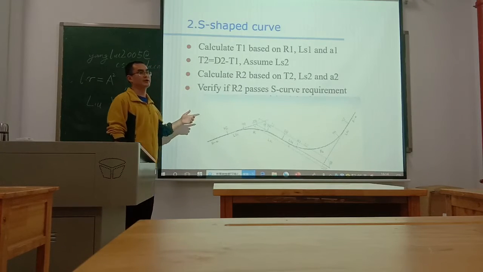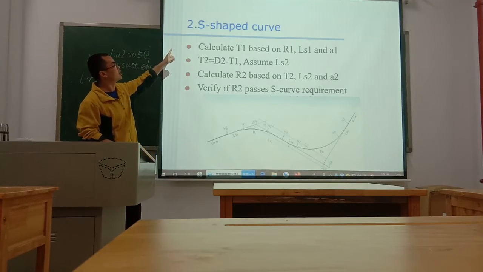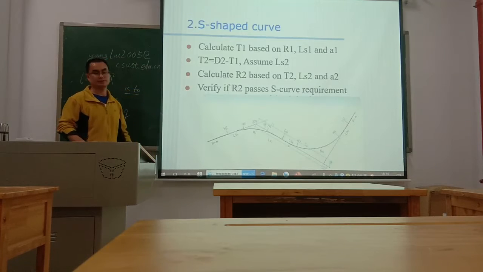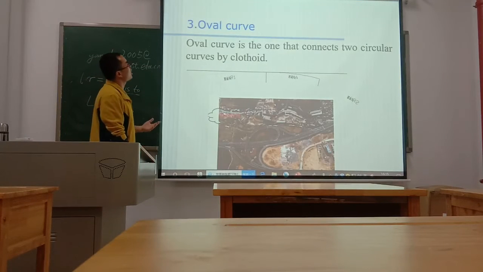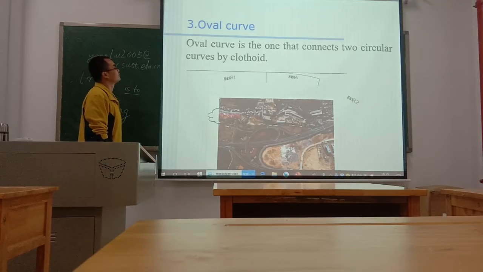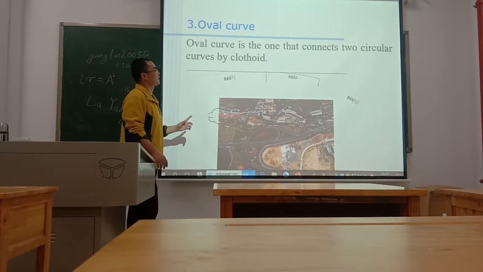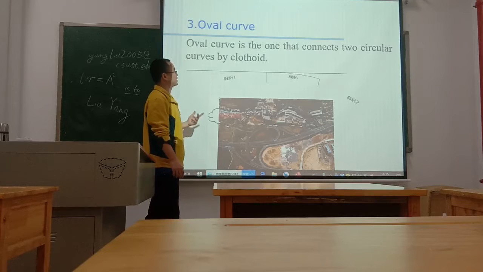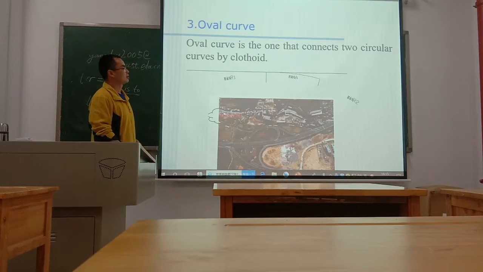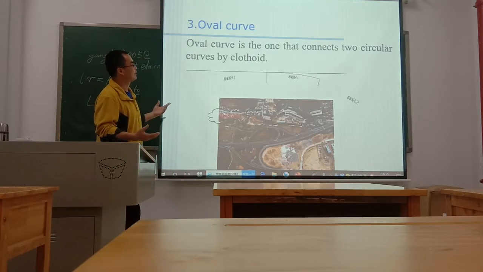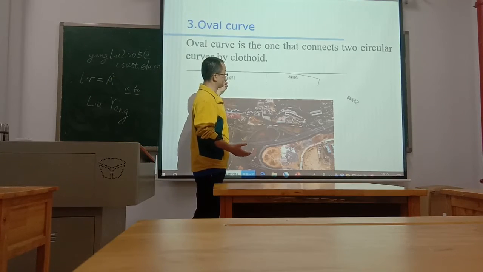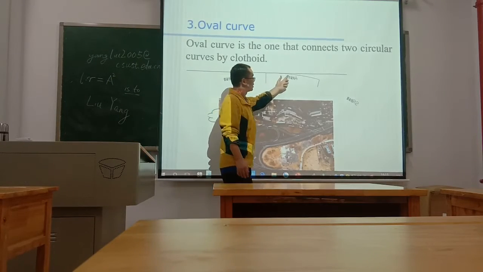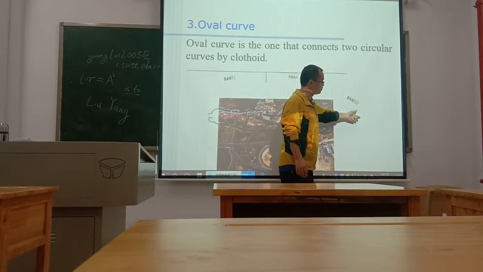How to calculate this S-shaped curve? Overall curve. The overall curve is the one that connects 2 circular curves by a clothoid. Circular curve 1, clothoid, circular curve 2.